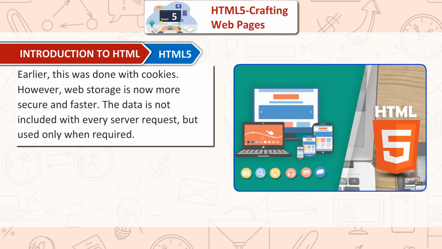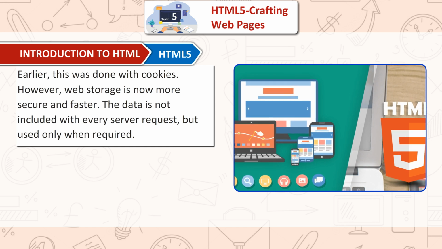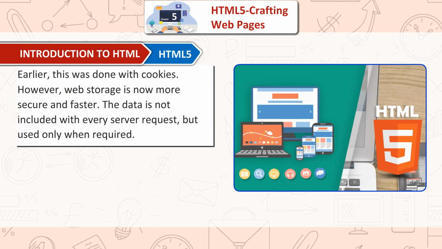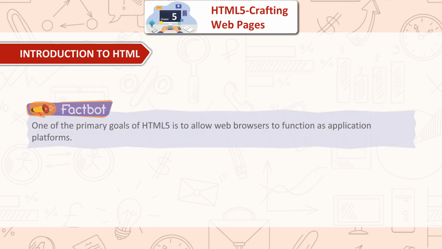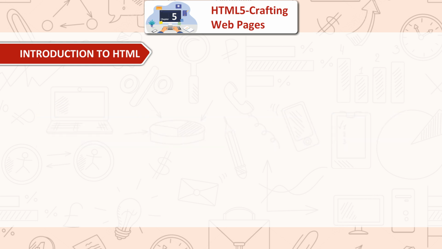Earlier, this was done with cookies. However, web storage is now more secure and faster. The data is not included with every server request, but used only when required. FactBot: One of the primary goals of HTML5 is to allow web browsers to function as application platforms.